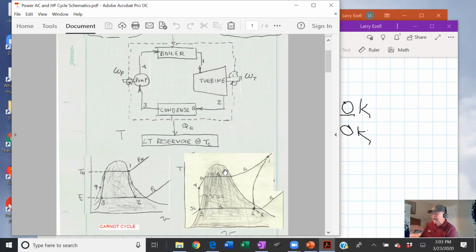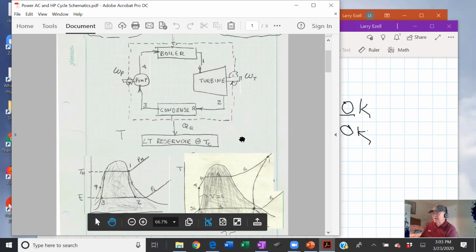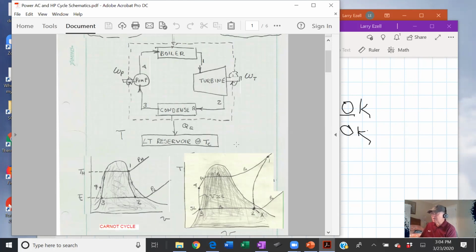And by the way, the higher the pressure, the higher the temperature, the more energy you get into your fluid, the more you can get out of the turbine. But you're limited by the physics of water trying to get it super hot. You can get it really, really hot though. But more important than that, there are maximum temperatures that boiler materials and turbine materials can withstand.